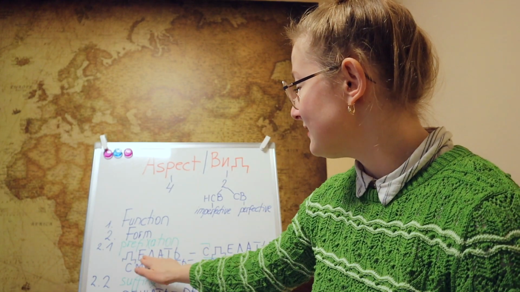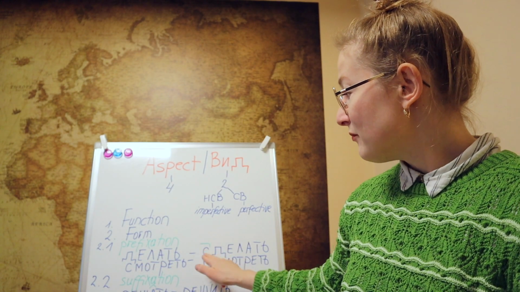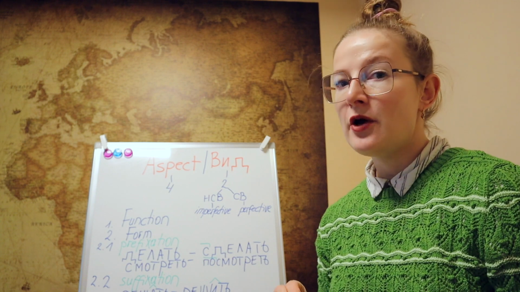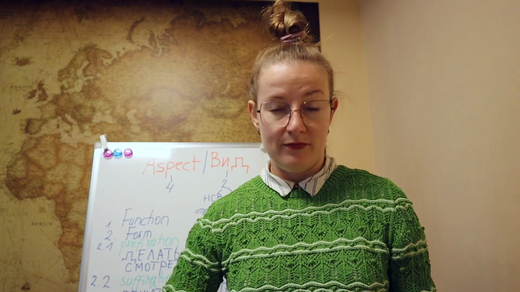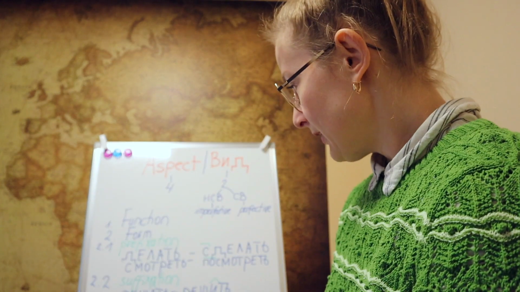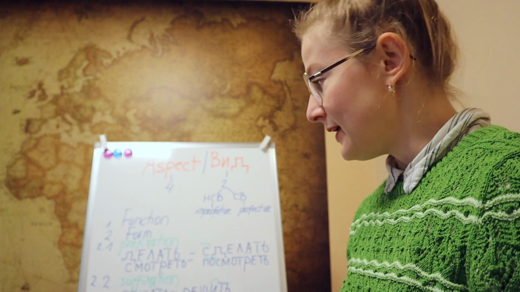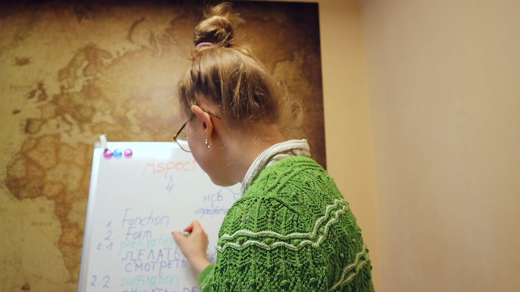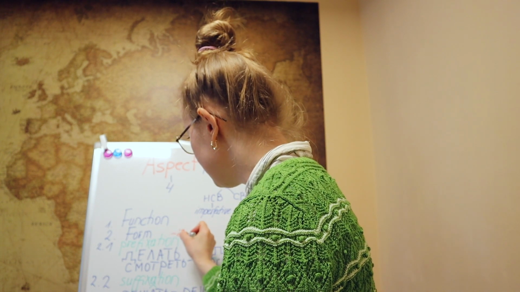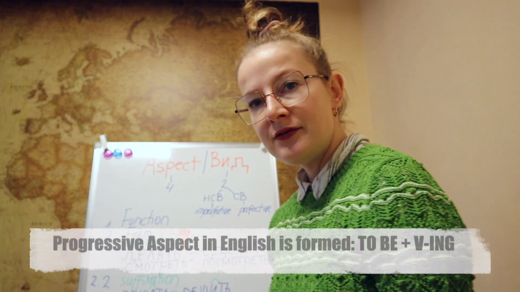Look, we've got делать, сделать. So the prefix s denotes that the action is complete. Сделала кофе. Made myself some coffee. What does it look like in English? The progressive aspect, so я делаю кофе, I'm making some coffee, you'd have the ing ending.